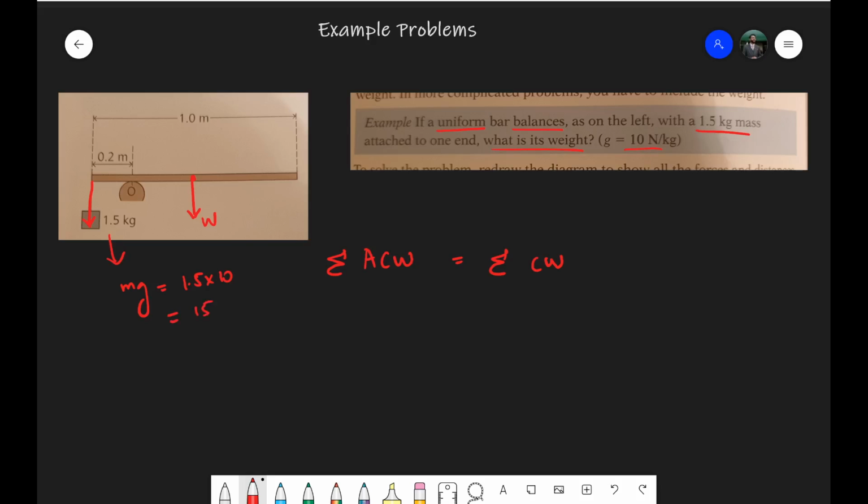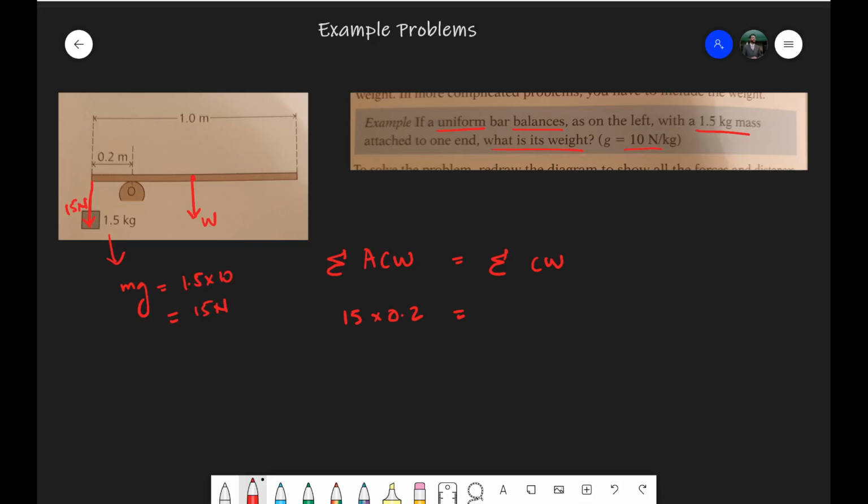That gives us 15 Newton. So this force here is 15 Newton. Now this weight on the left is going to apply an anti-clockwise moment, so we can say 15 multiplied by 0.2, and there is no other anti-clockwise moment.